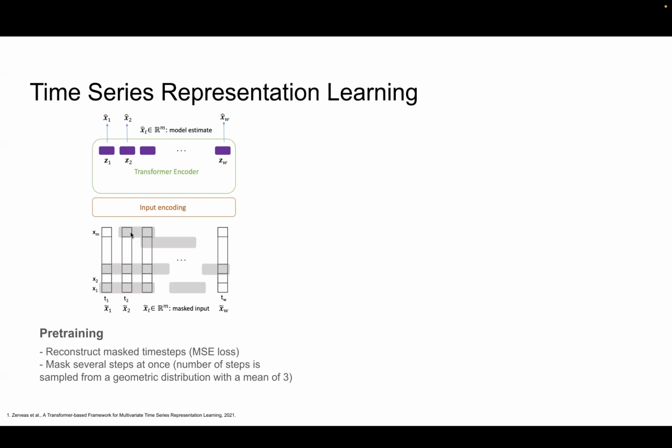By masking the time steps, we'll simply put zeros where the variables or the time steps are masked. And then the objective will be to reconstruct those masked time steps. So we can use objective functions such as MSE.